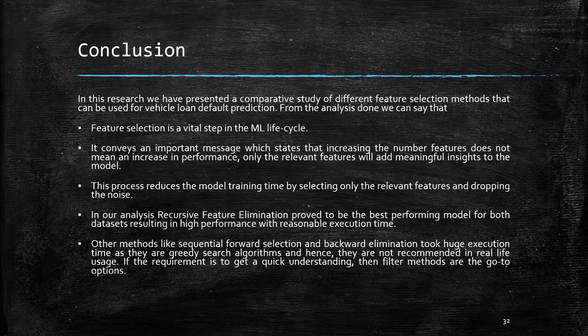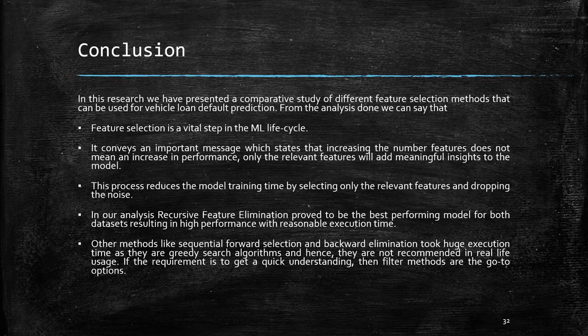So as part of the conclusion of this paper, we can conclude that feature selection is an important step in the ML lifecycle. It conveys an important message that just by increasing the number of features, it does not help to increase the performance. Only the relevant features will add meaningful insights. And in our analysis, as I mentioned, RFE proved to be the best performing method for both datasets, resulting in high performance and reasonable execution time.